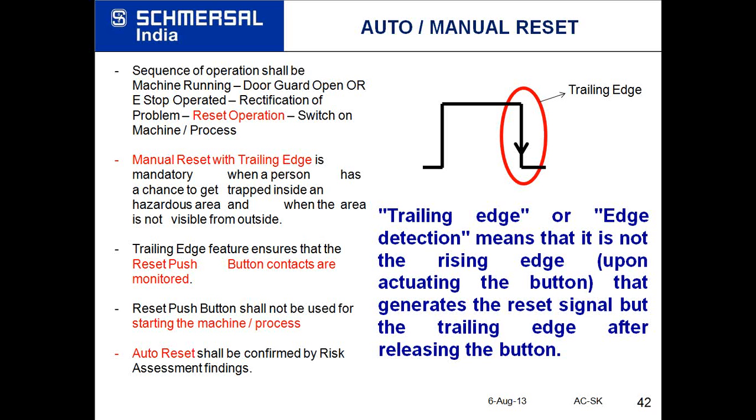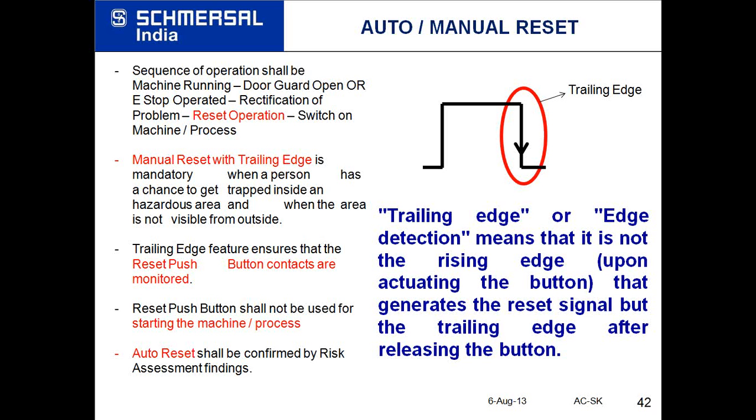When you are pressing the reset push button, at that time it will not reset. It will reset only when you are releasing. So it ensures that if the contacts of the reset push button are welded, then you will not get a reset function. This is called trailing edge. Only when you release the push button is the reset function activated. So this ensures further safety in the system.